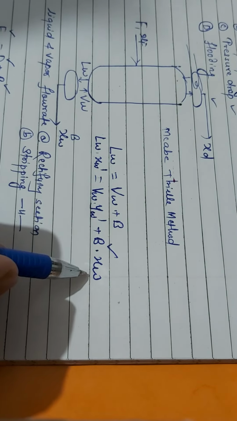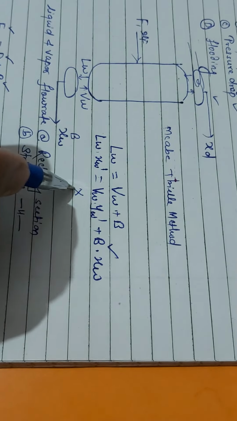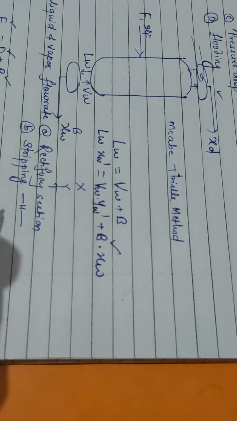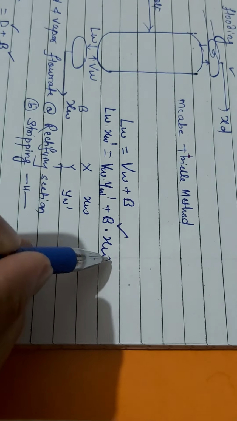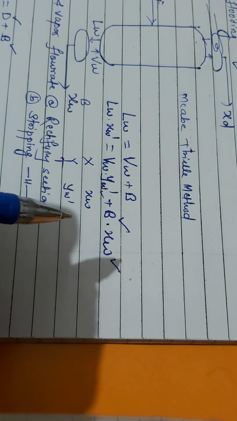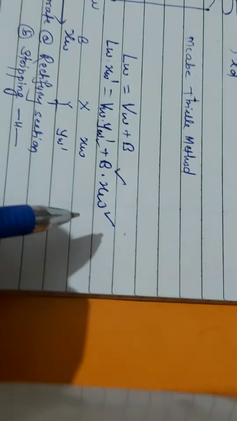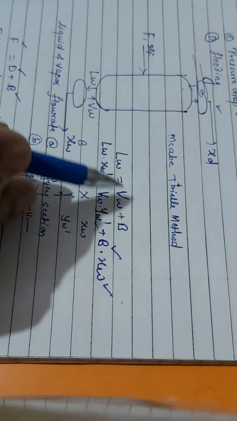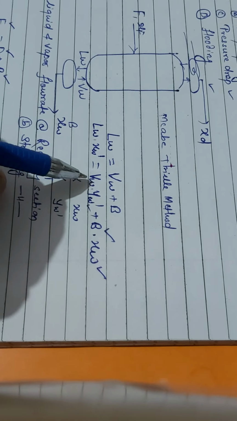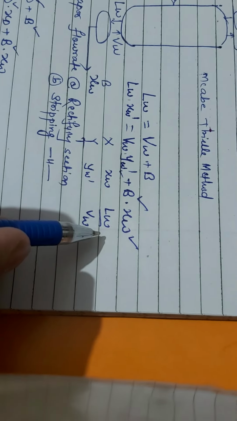Now YW' is in equilibrium with XW. So you have X, Y, T data. From this you can find the respective YW' for XW. So XW is known, YW' is known. Now there are two equations and two unknowns, so you can find LW and VW. Plus you also know the ratio of LW and VW, which lets you find LW and VW.